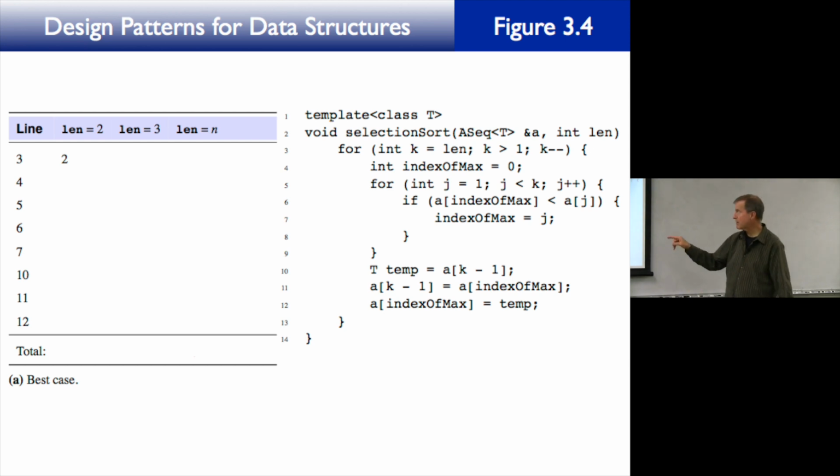And then what about line 4? Can you anticipate that one? 1. Yes, that's 1 less. So that would be 1. And then what about line 5? Now this is j going from what to what? From 1 to k. So the value of k is what? 2. So for int j gets, because there's a test at the end of this one too, right?